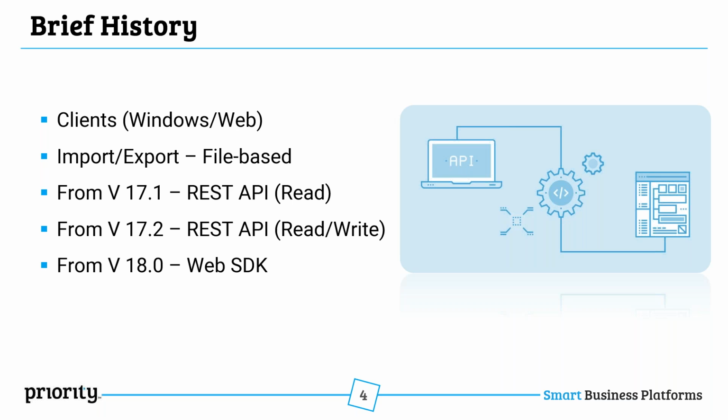Priority REST API for reading was first released in version 17.1, and it extended Priority support for reading data from Priority over the net. In the next version, 17.2, we extended the support also for writing data into Priority forms. Priority Web SDK was released in version 18.